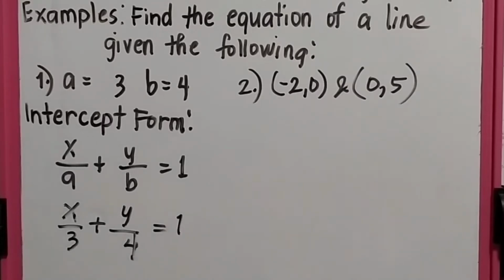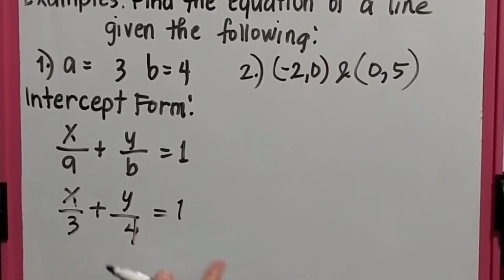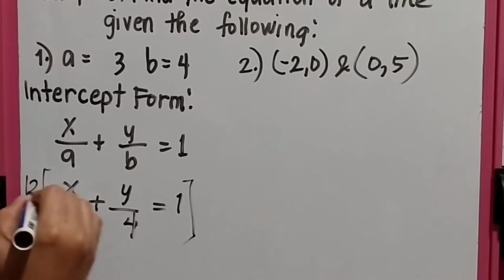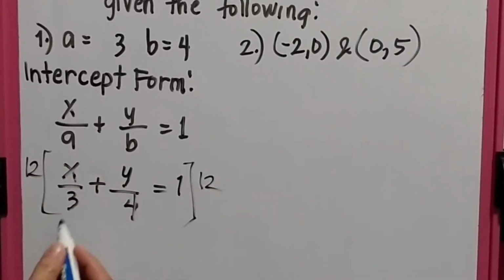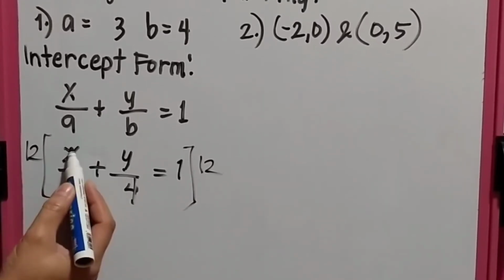So, next, syempre, dahil may fraction, para mawala ang fraction, ang gagawin nyo lang, you're going to get the LCD. Kunin natin ang LCD, tapos i-multiply yung buong equation sa LCD. Okay, the LCD is 12. Okay, next, we will multiply 12 to each term.